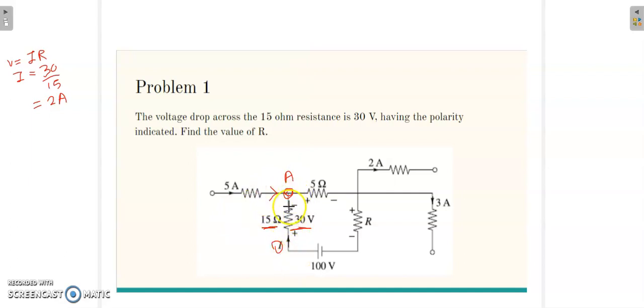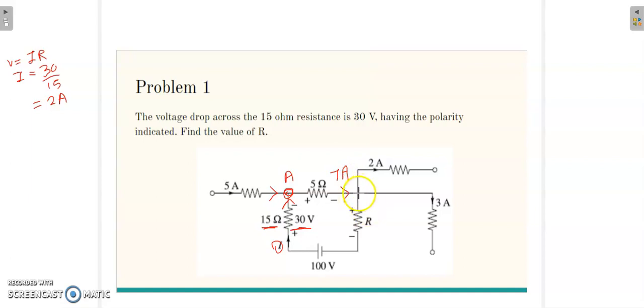This current I is also incoming towards the node, and let me assume that the current flowing in this particular branch is leaving. According to Kirchhoff's current law, the sum of incoming currents at the node is equal to the sum of outgoing currents from the node. At this node, the incoming currents are 5 ampere and 2 ampere. So total current incoming is 7 ampere. So obviously the current flowing through this 5 ohm resistor will be 7 amperes.